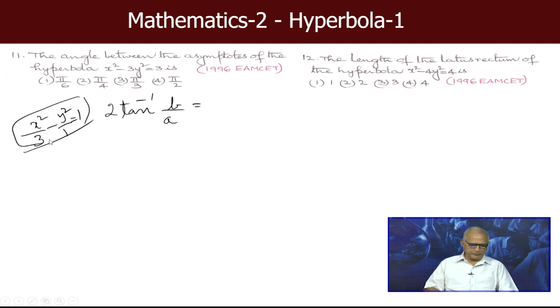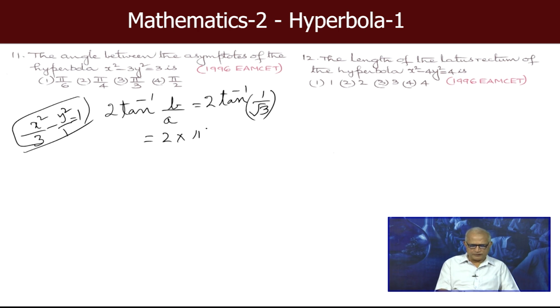What is b? b is 1 and a is root 3. Tan inverse of 1 by root 3 is pi by 6, so twice that is equal to pi by 3. So, that is 60 degrees, the angle between the asymptotes for this hyperbola, not rectangular, sorry, hyperbola only.